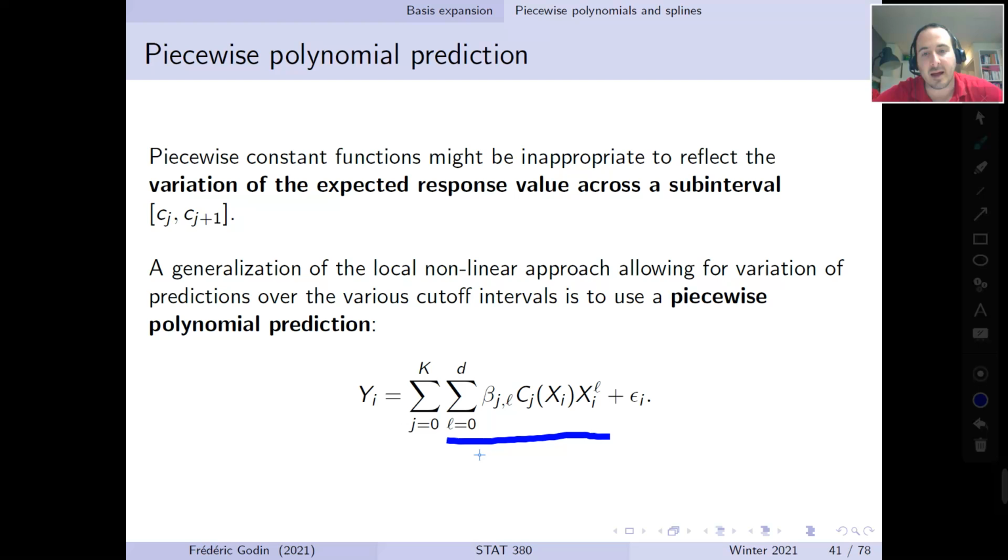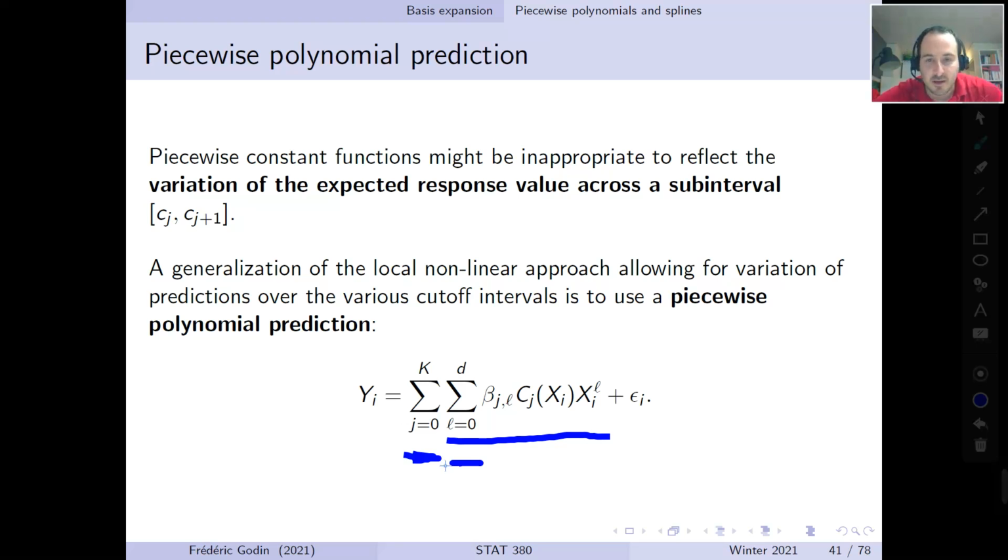Okay, so we see that having this summation for predictors entails that for each subinterval and for each order, so if you have a polynomial of order 2, you should have monomials of order 0, 1, and 2.